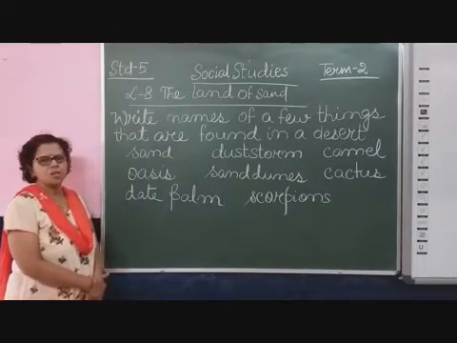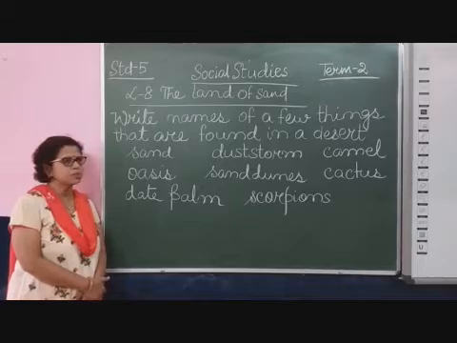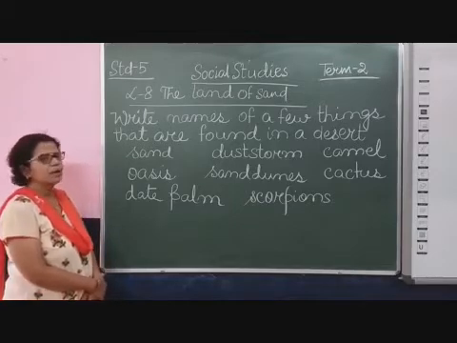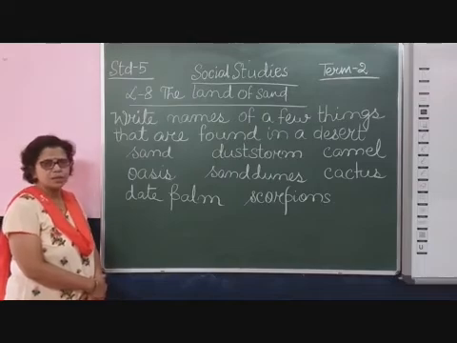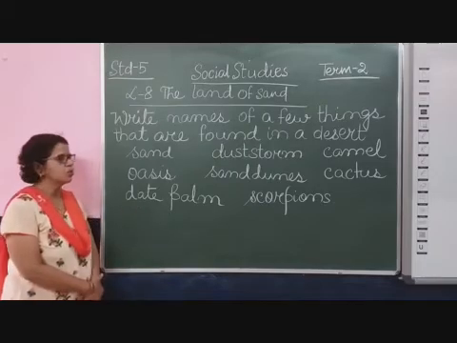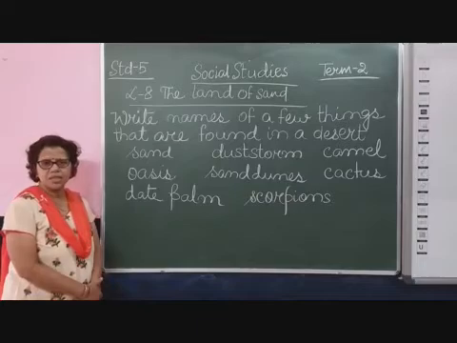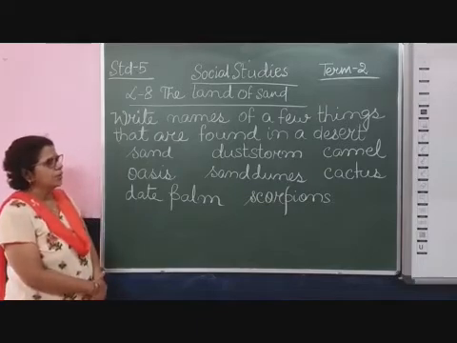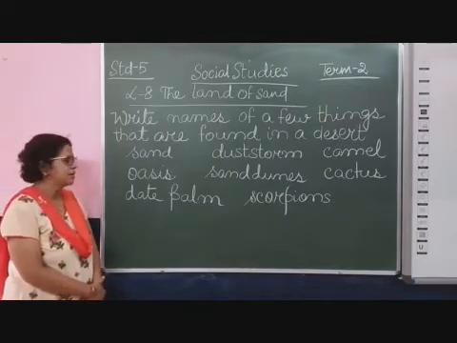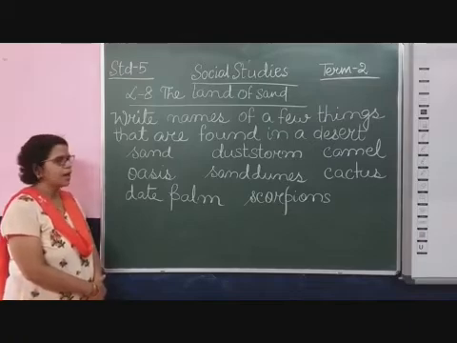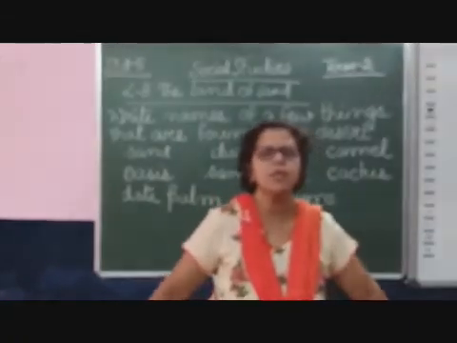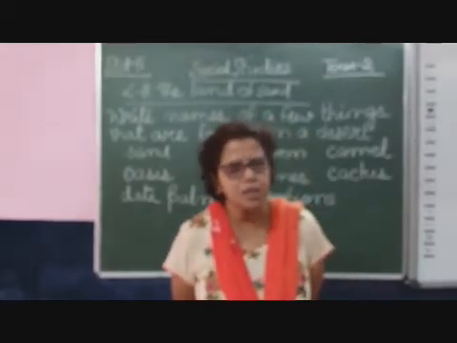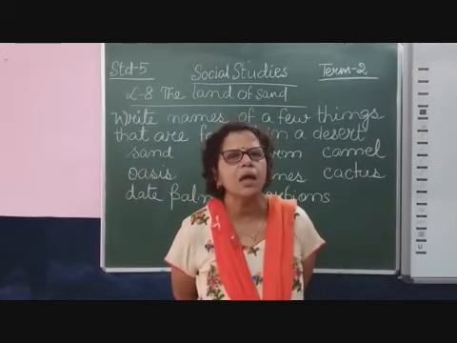I can think about sand, dust storms, very common in deserts, camel, as I told you, ship of the desert, oasis, where the water comes to the surface. Then you have the sand dunes, and then you have cactus, date palms, and scorpions.